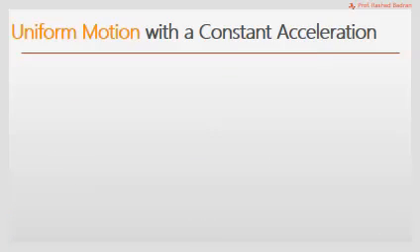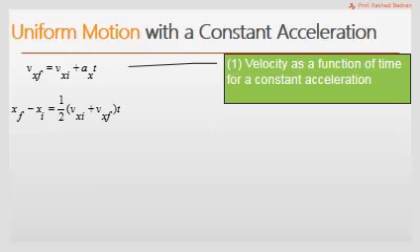For uniform motion with a constant acceleration, we got this equation as before, where the final velocity is a function of time and it contains the initial velocity and the acceleration. The second one is the displacement equals half the initial velocity plus the final velocity, all multiplied by the time.